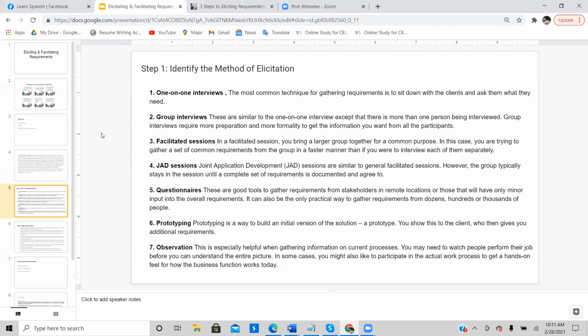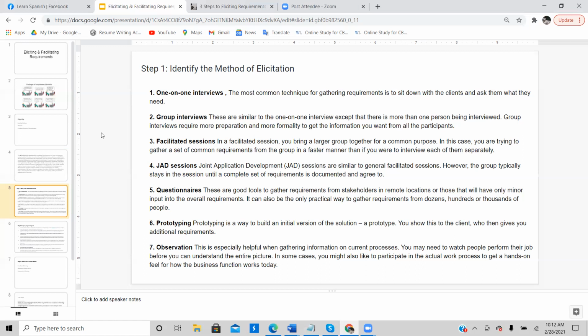Observation. These sessions are interesting because they give you insight into what a person is doing on a day-to-day basis. You can use observation where there's a specific business process flow you're hoping to automate.